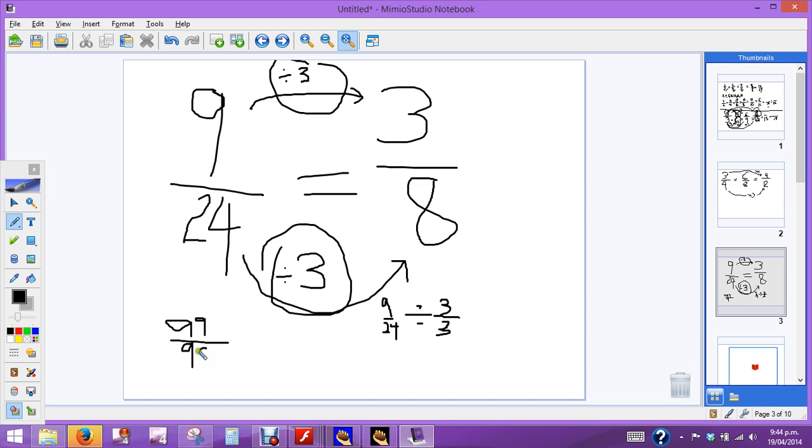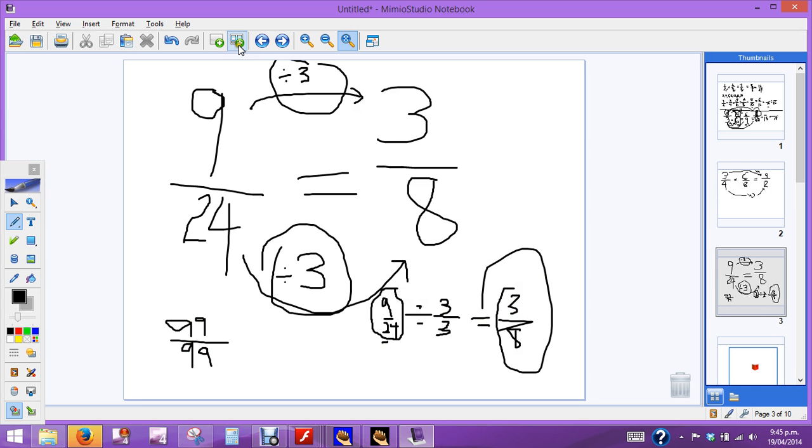And when I divide anything by one whole, I'm always going to have that same number, but it's going to be disguised as a fraction. When it's a fraction, 9 divided by 3 is 3, 24 divided by 3 for the bottom is 8. Now 3/8 is exactly the same as 9/24ths, but it is just written as an equivalent simpler fraction.